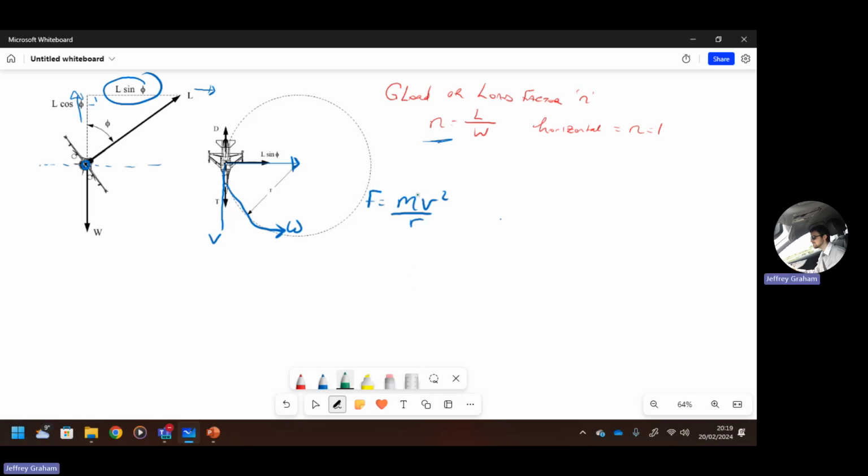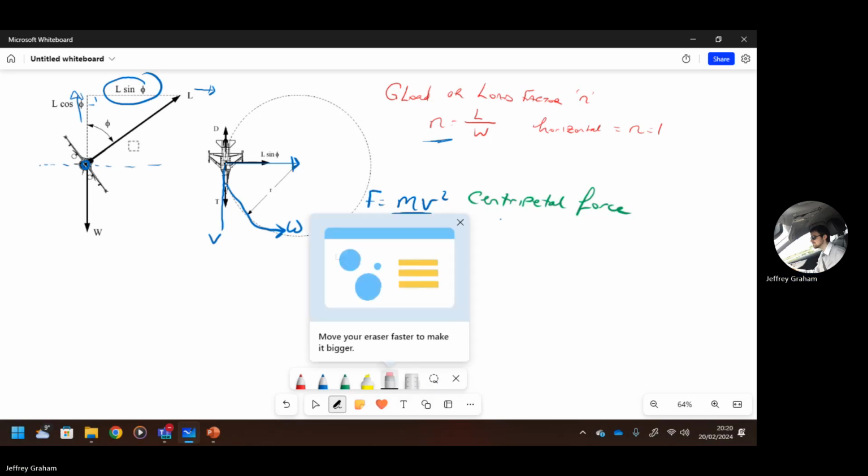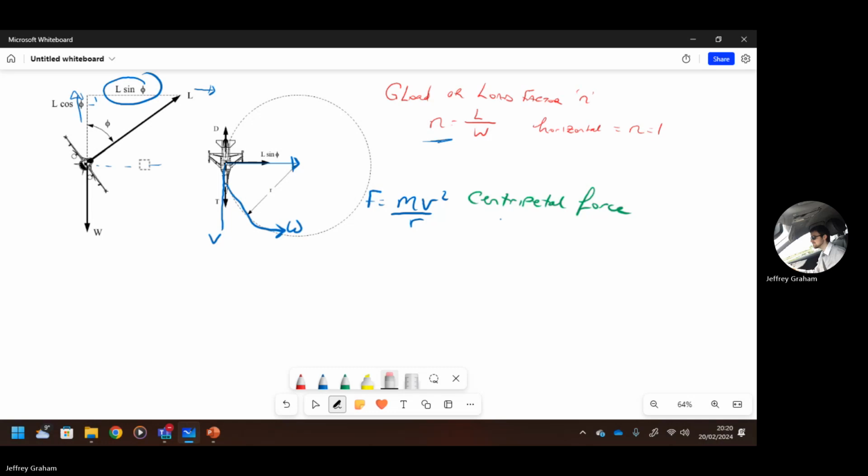This equation here, mv squared over r, is the fundamental equation for centripetal force. It is going to come back into this very shortly. Right, get rid of all our scribbles off here and move into the next bit.